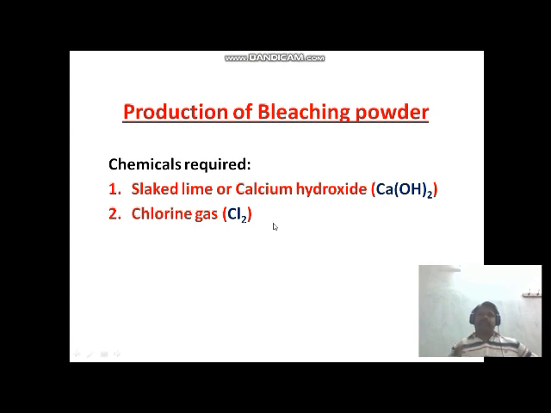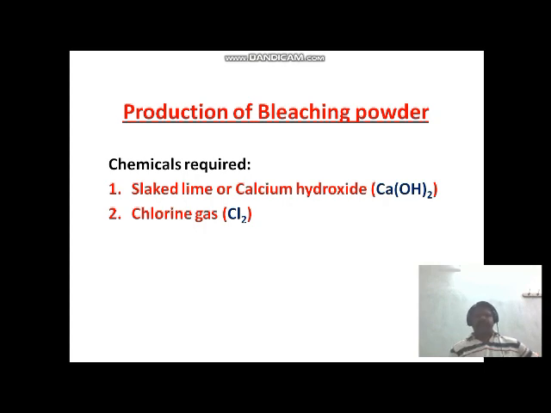So two chemicals are required for making the bleaching powder: first, slake lime or calcium hydroxide, and second, chlorine gas.